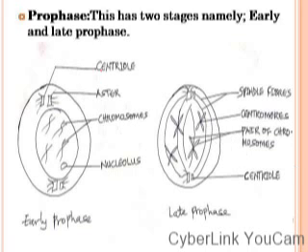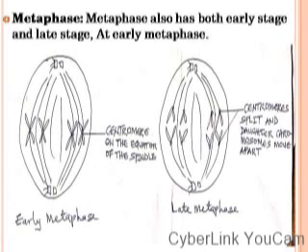Let us move down to the metaphase stage now, which is the third stage of mitotic cell division. Because there is early metaphase and late metaphase, at early metaphase the chromosomes pair and arrange themselves along the equator of the spindle.